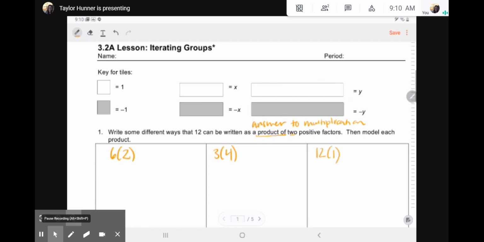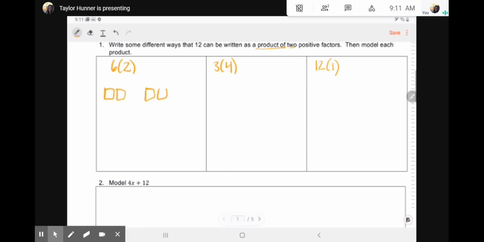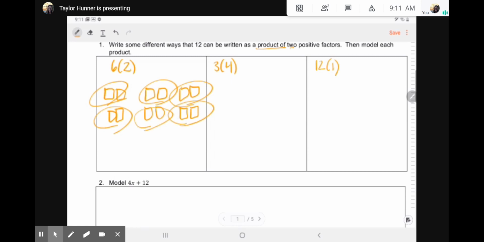So now we want to model all of these. So let me go ahead and scroll this down. 6 times 2 is saying 6 groups of 2. So I'm going to draw 6 groups of 2 and then just outline that there are 1, 2, 3, 4, 5, 6. And I'm just going to unshade for positive and shade for negative. For 3 times 4, I'm just going to draw 1, 2, 3, 4.